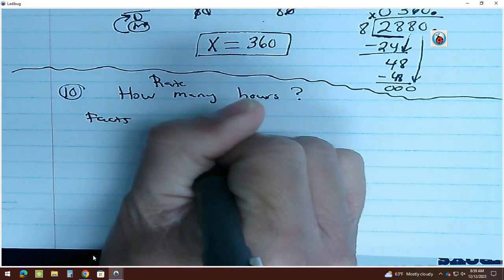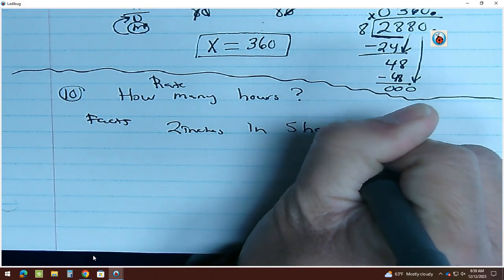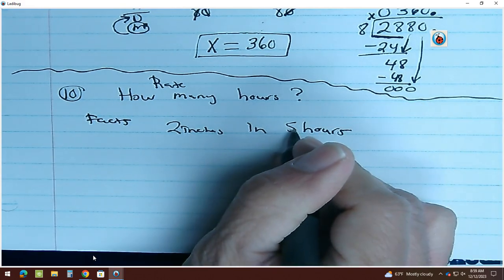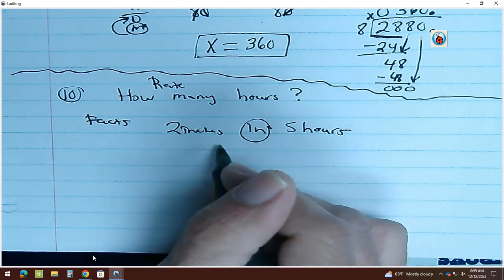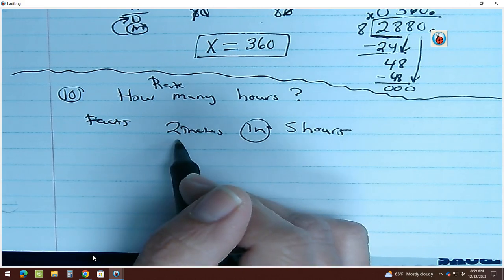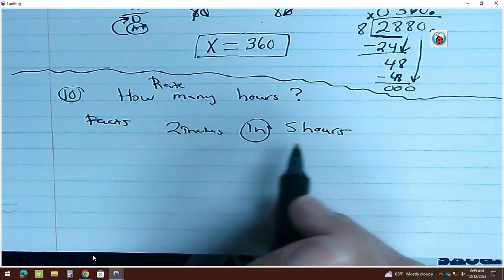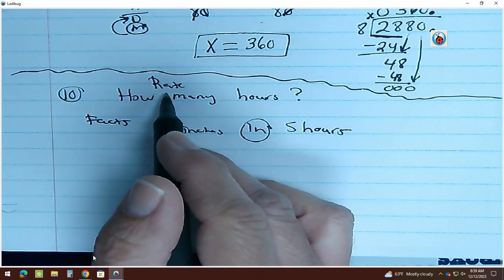So 2 inches in 5 hours. That's a number 5, not an S. This word in also tells me that this is a ratio. So here's what this ratio says. For every 5 hours, I'm going to rain 2 inches. 5 hours, 2 inches. That's what a rate is about.